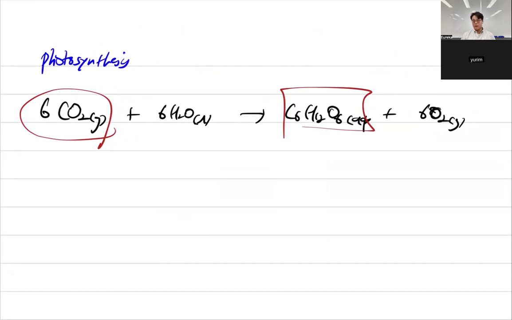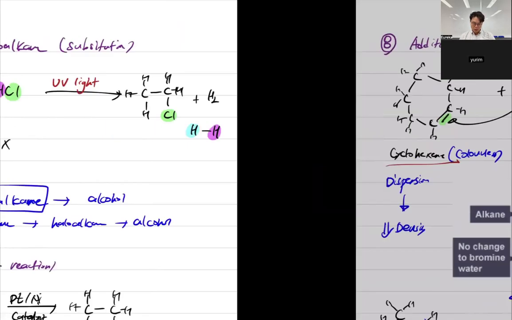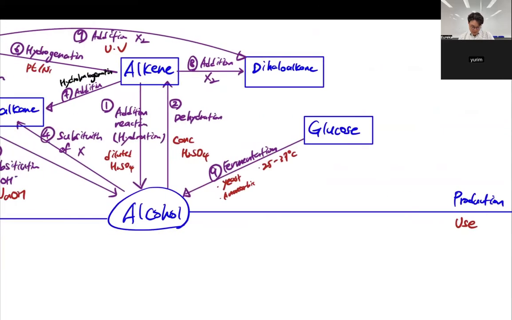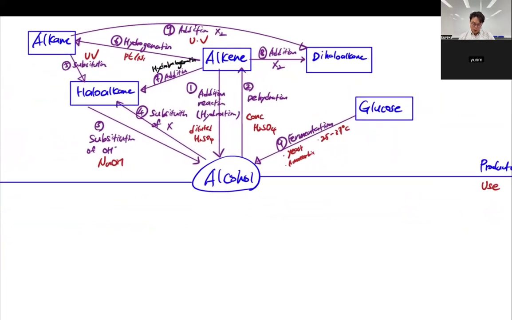This is why we say bioethanol, or biofuels, are renewable and sustainable compared to other fossil fuels. This is also part of your syllabus point. Does that make sense to you, Yuri? Yep.